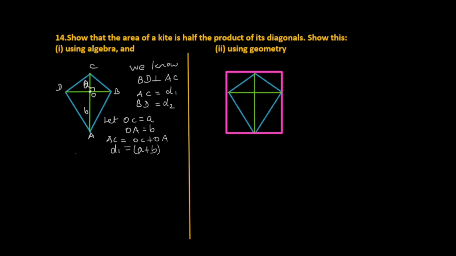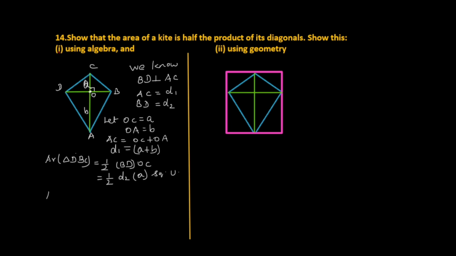Now take the triangle. Area of triangle DBC is equal to half into BD, the base, into OC, the height, square units. So half into BD, which is the diagonal D2, into OC, which is A, square units.